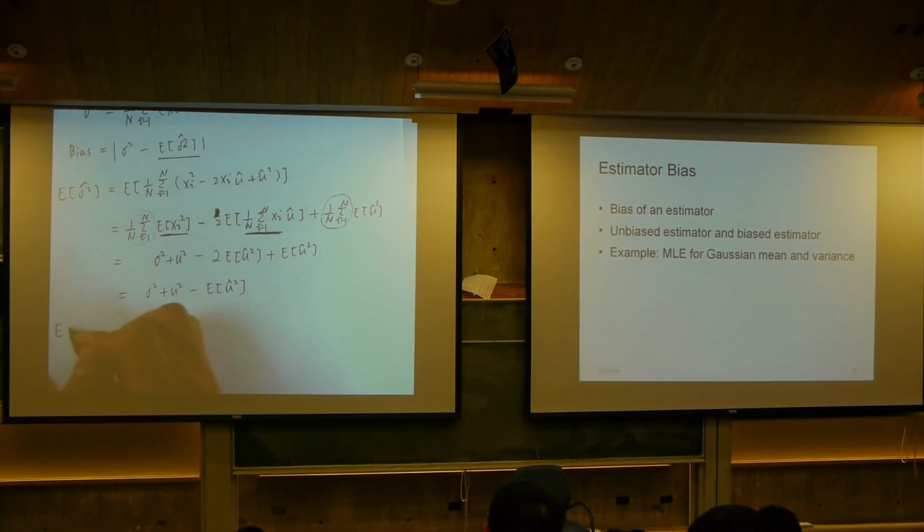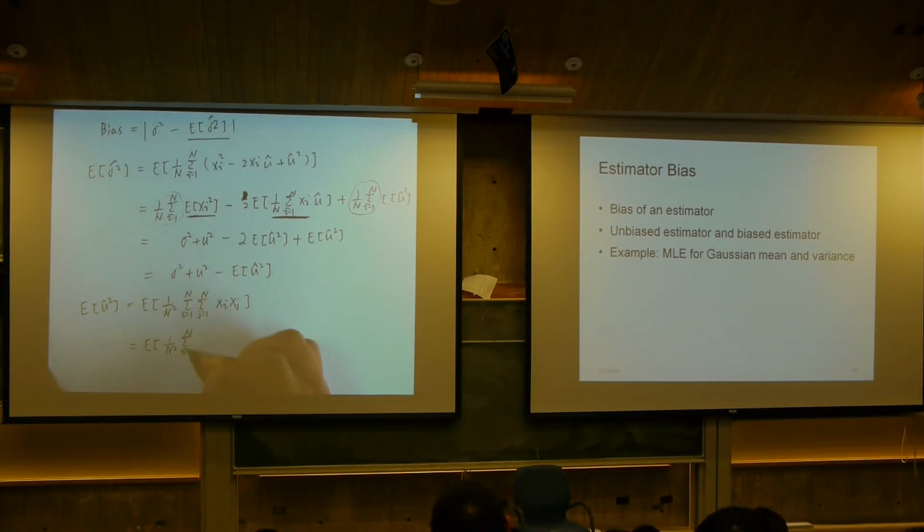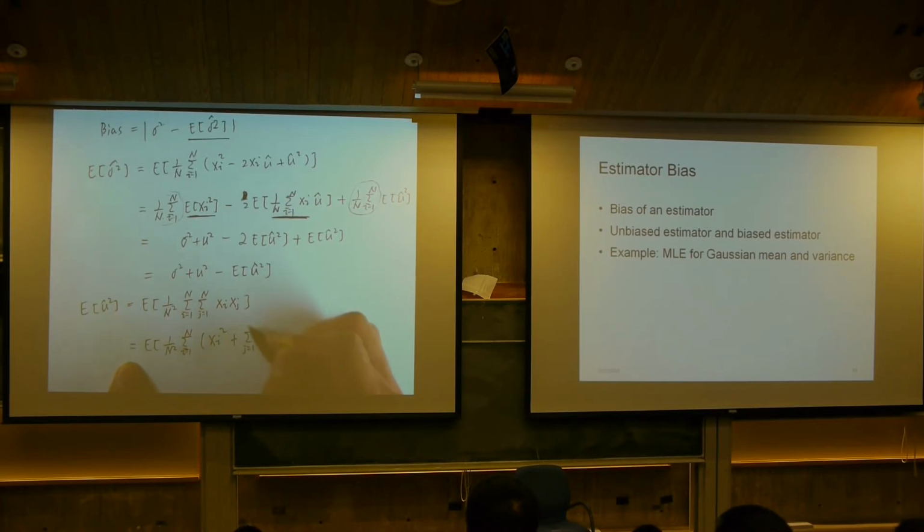Let's take a look at mu hat square. By definition, mu hat square equals to 1 over n square, the sum over i equals 1 to n and j equals 1 to n, of xi xj. Plug in the definition of mu hat. And this term becomes the sum over i equals 1 to n of xi squared plus the sum over j equals 1 to n, with j not equal to i, of xi xj.